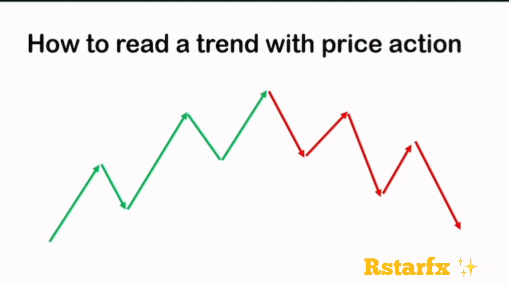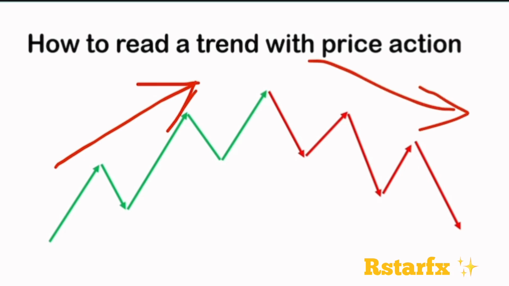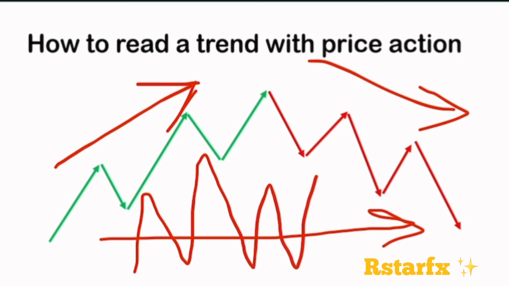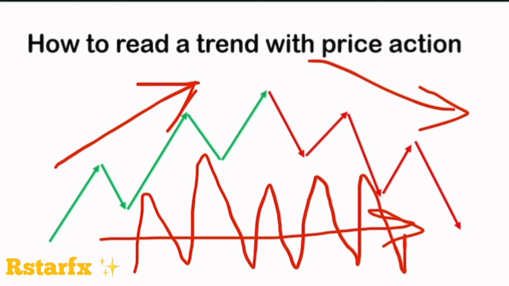Now let's consider another type of market. We've considered that of uptrend and that of downtrend. Then we have another one we call the ranging market, or market going sideways. Something like this, just going sideways, not an uptrend, not a downtrend.